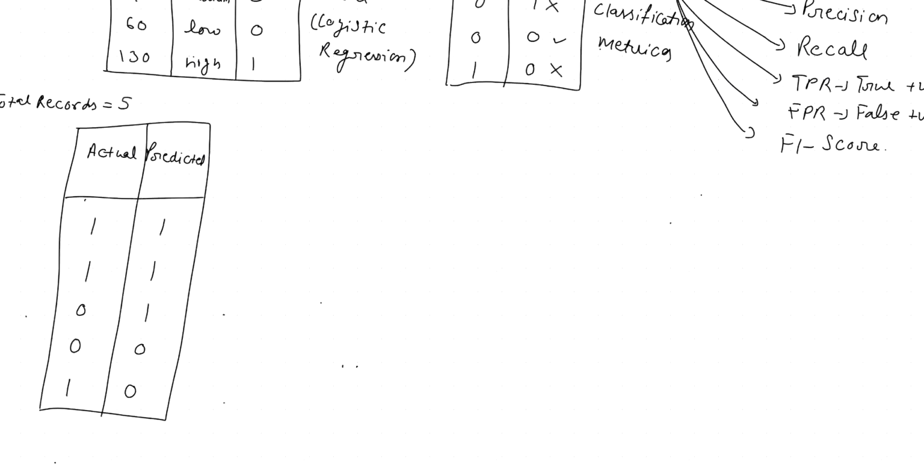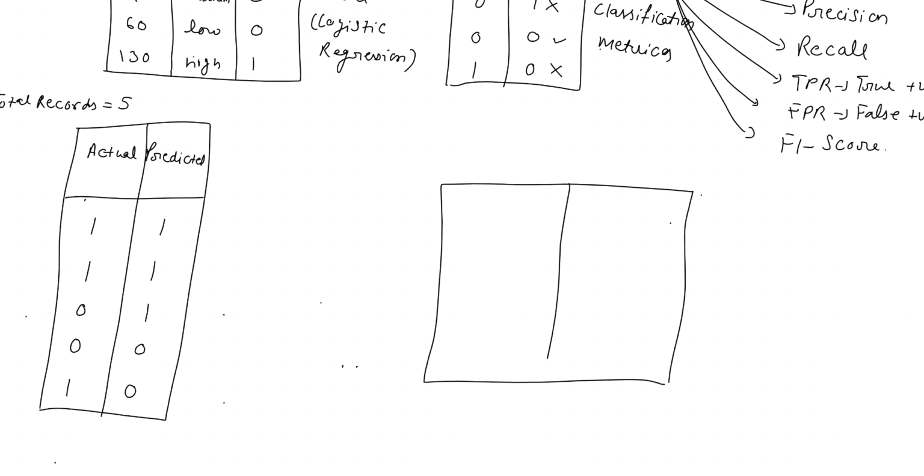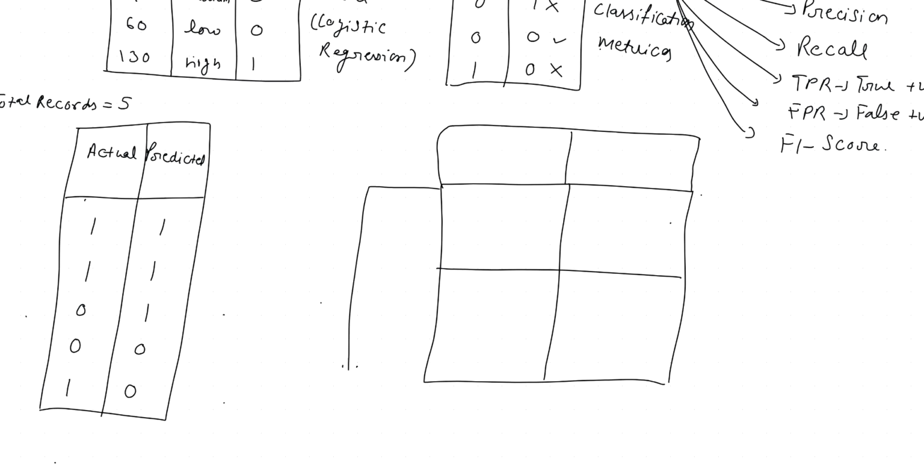So let me draw here the confusion matrix. This is how you need to draw it: one square box, divided into 4 square boxes. Very simple. Okay. And then you can draw one row here too, and one here. Okay.